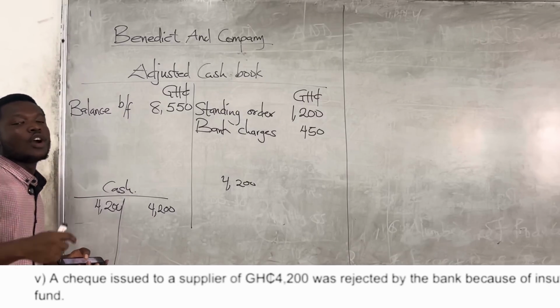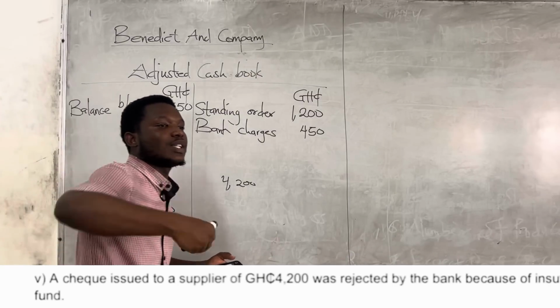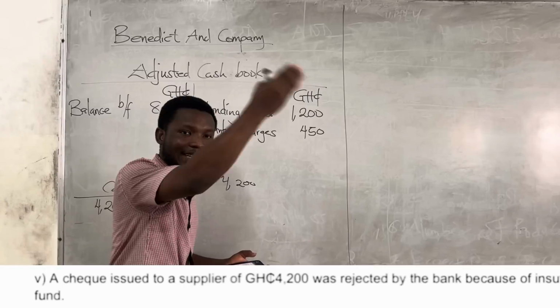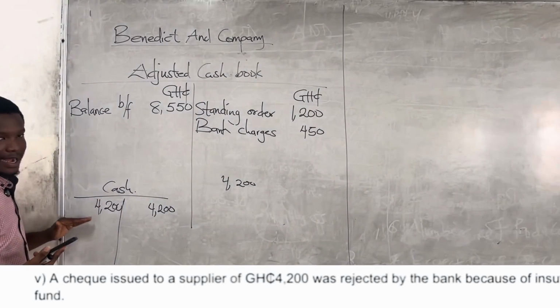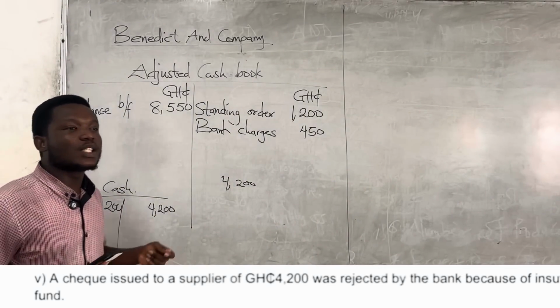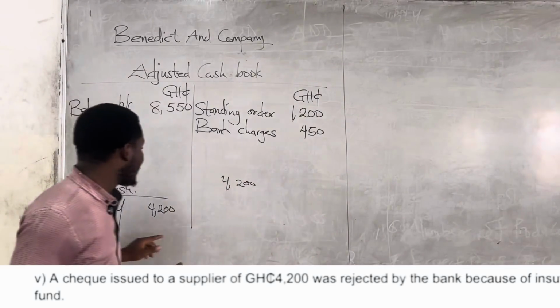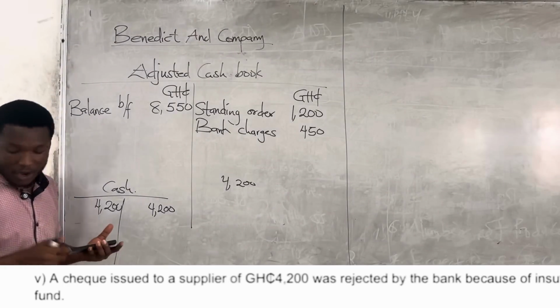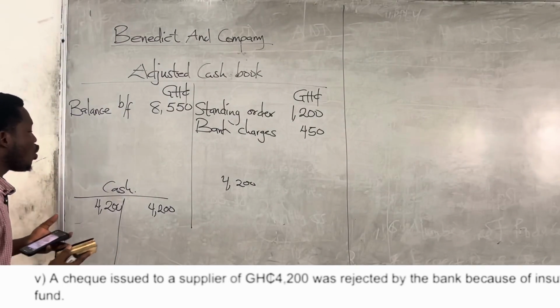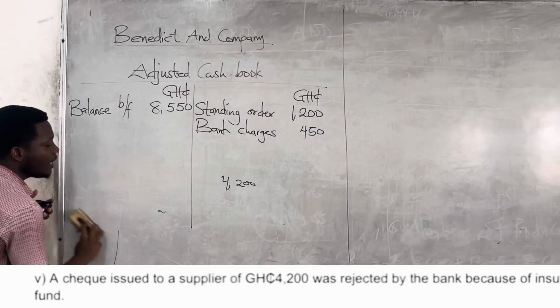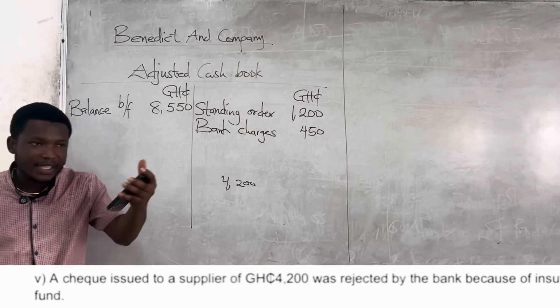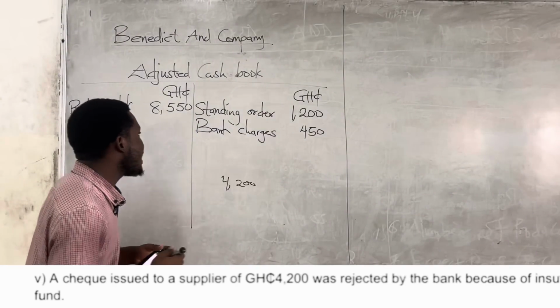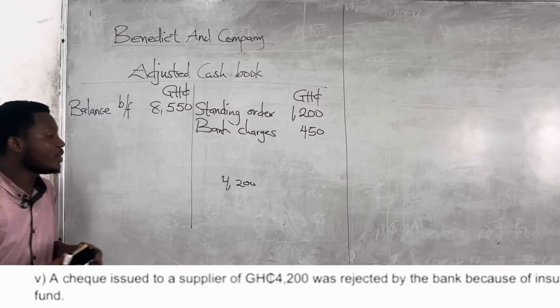Remember, I told you, whenever you are issuing a check to a supplier which is dishonored, you will debit your cash account. And whenever your supplier issues a check to you and it is dishonored, you will credit your cash account. So you have to pay attention. It's not always at one side. This one, we issued the check. We made the payment through check to our suppliers, and right now it has been dishonored.